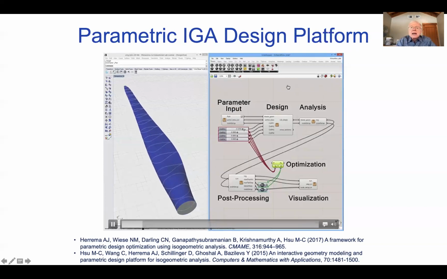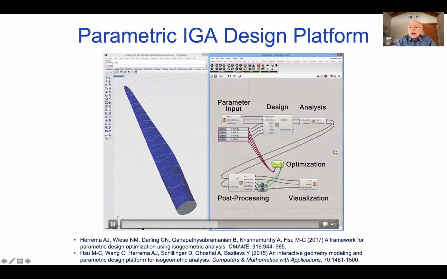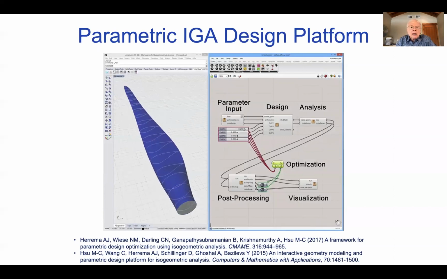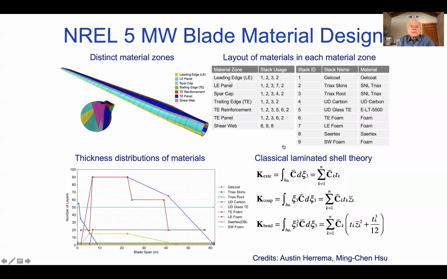This is a design platform based on the visual programming language Grasshopper, and utilizing the CAD system Rhino as the geometric model underneath. So you're building your geometric model of the shell structure, and you're parametrically changing it for whatever objectives you have. So there's an optimization loop in there too.